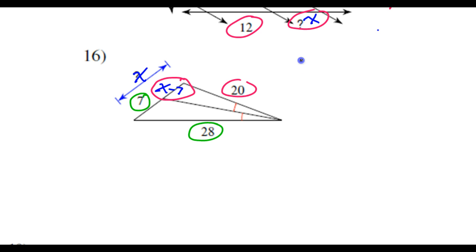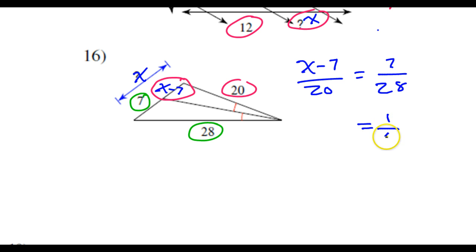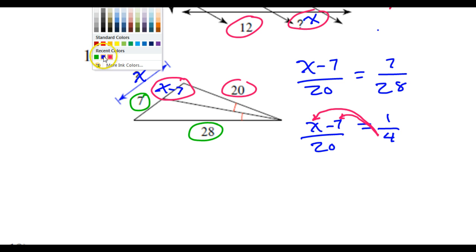So for example, X minus 7 over 20 should equal 7 over 28. These are both divisible by 7, so that's going to be 1/4. So when I cross multiply, don't forget that you have to distribute the 4.